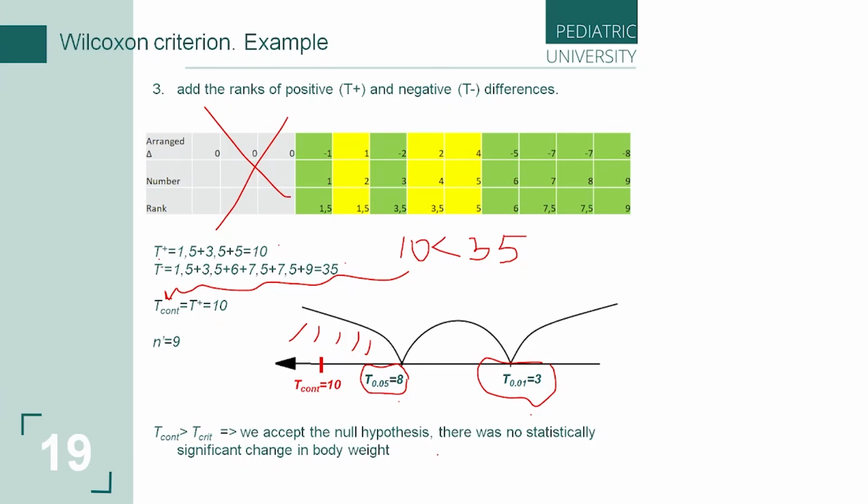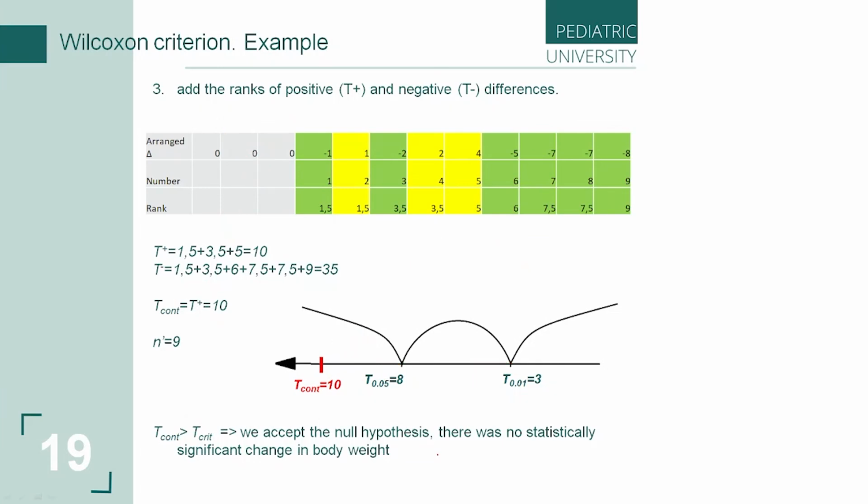So maybe different conditions, yeah. Nevertheless, based on the experiment, it turned out that there was no statistically significant change in body weight, because we accept the null hypothesis, between before the diet and after the 6-month diet recommendations.